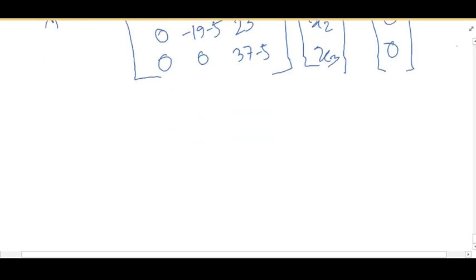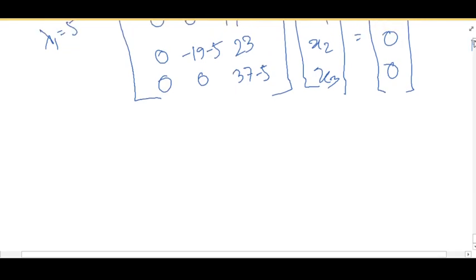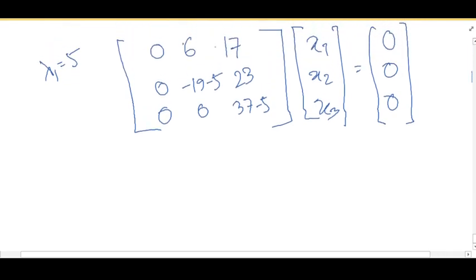Look, one thing here. There is no coefficient of x1 in any of these equations. So we can simply write x1 equals s, any value. It will not make any impact upon the other values because of the 0 in all these equations.